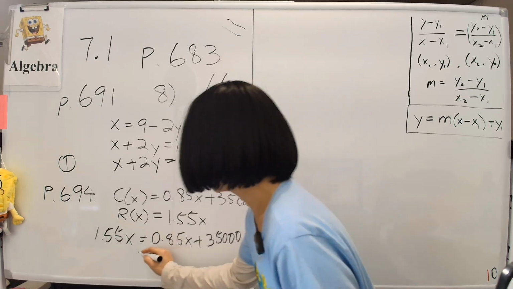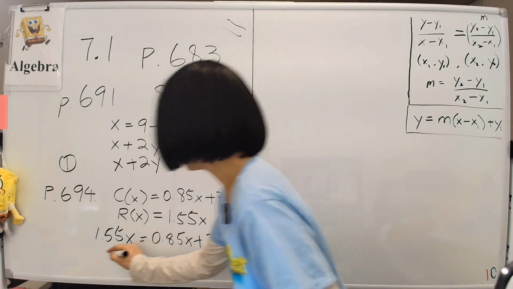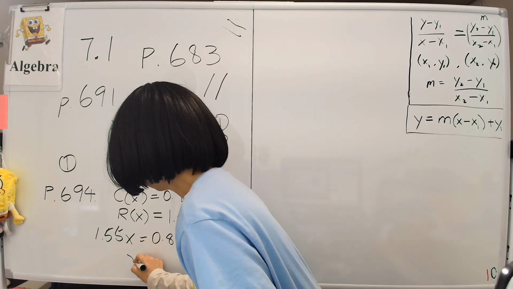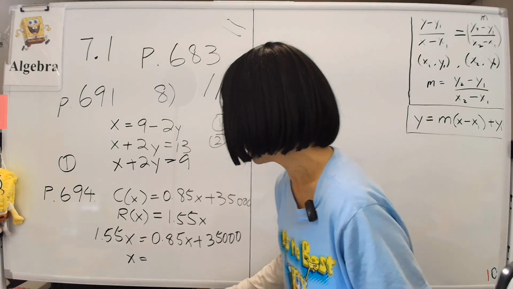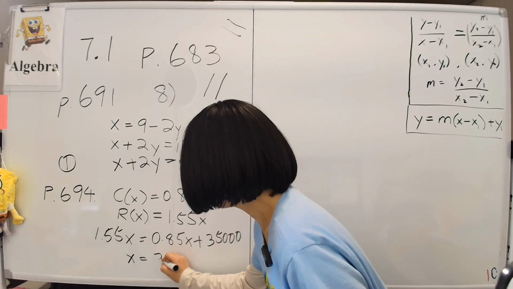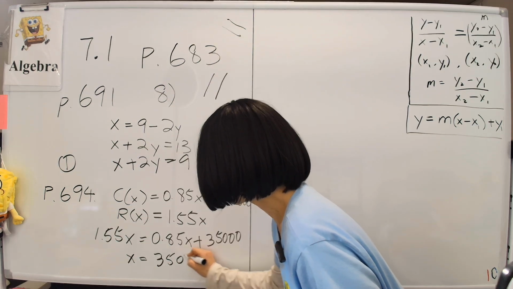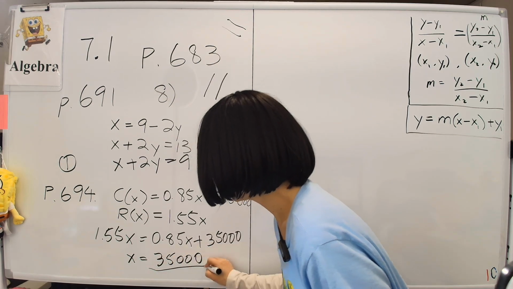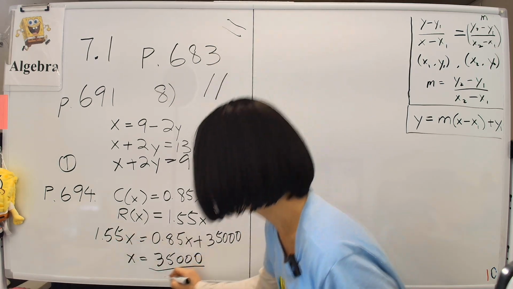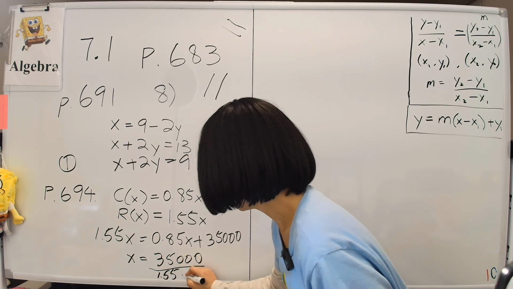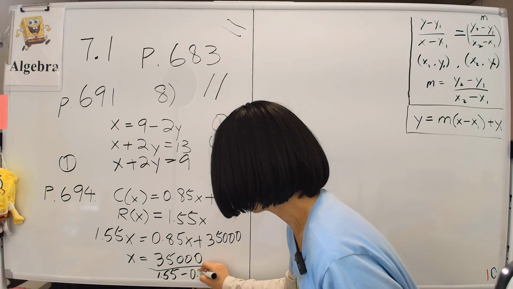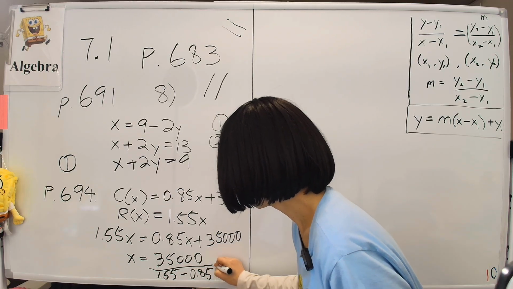Then to solve for x, we have x equal to, move this over there, and then we have 35,000 left, divided by this minus this, right? 1.55 minus 0.85, and that's about it.